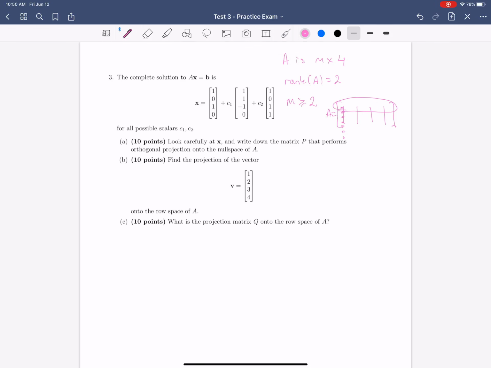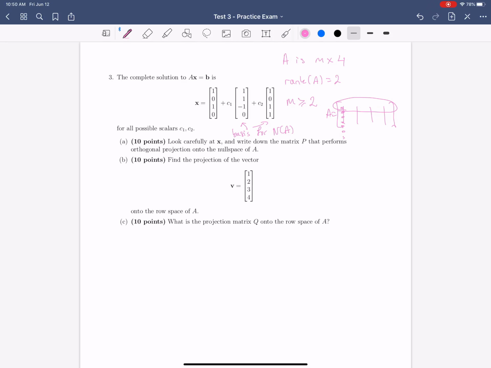That's what we know. So we can talk about the row space. We also uniquely know the null space of A because we have a basis. These two guys give us a basis for the null space of A, right? Okay, so these are all observations that I can make without even reading the question.